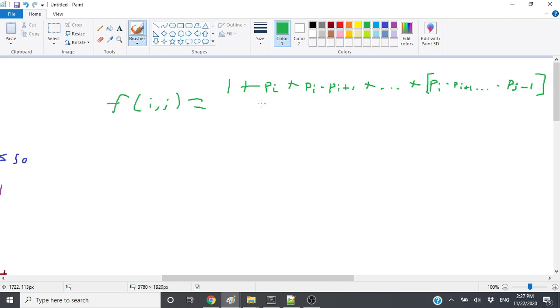And then this whole thing is divided by the product of Pi times Pi plus 1 dot dot dot up to Pj. And that's essentially what this formula is.